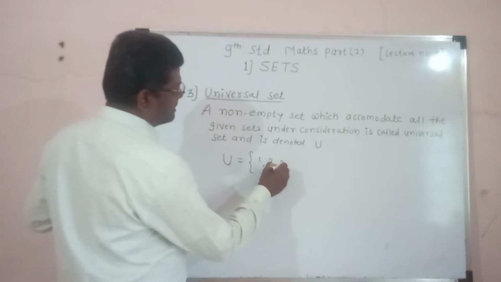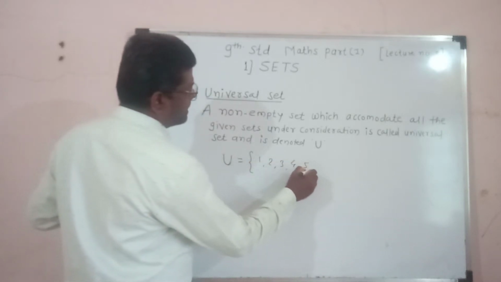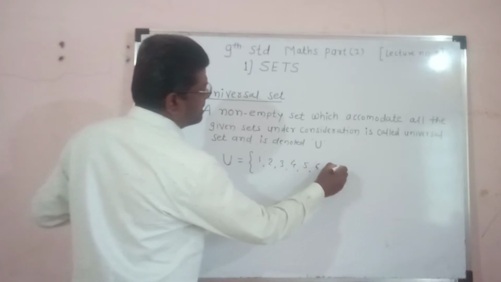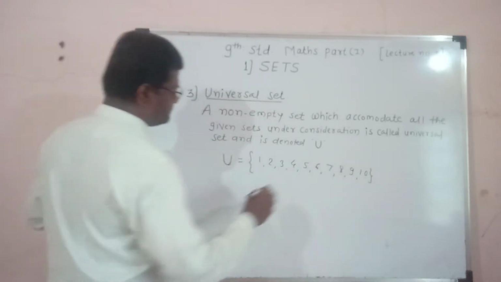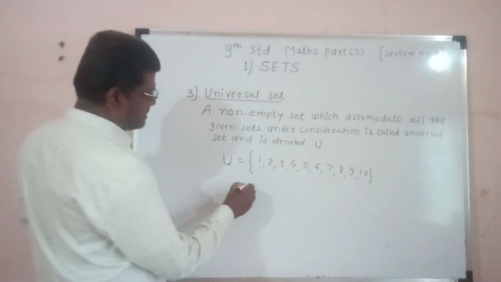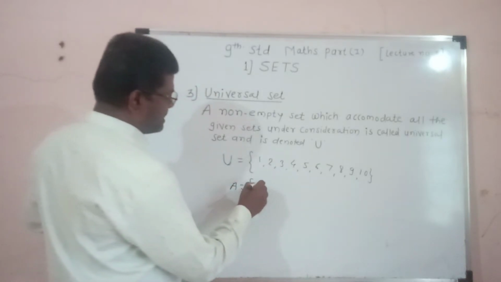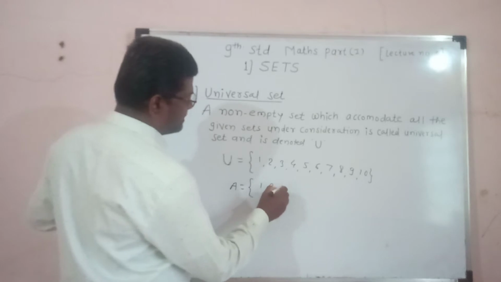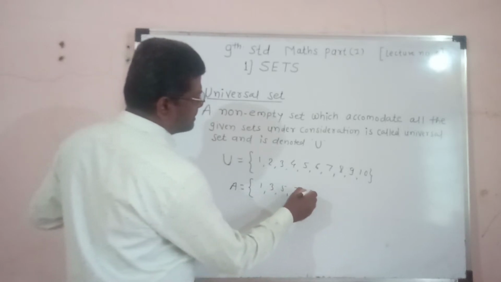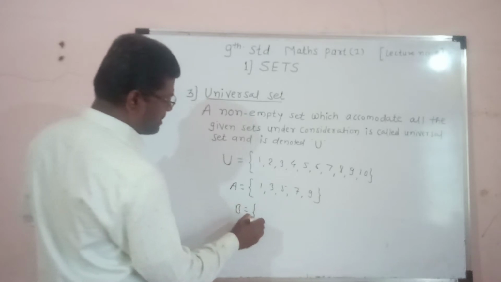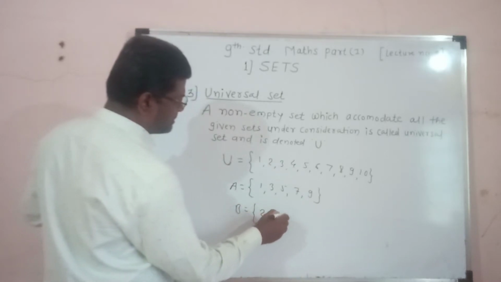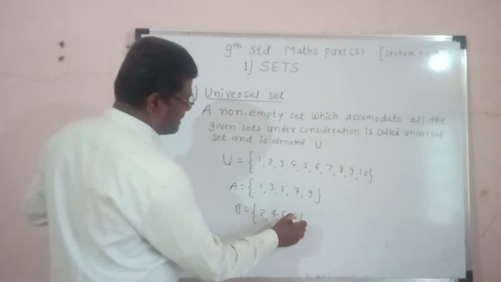Suppose U is the set of elements 1, 2, 3, 4, 5, 6, 7, 8, 9, 10, and A is a set of elements 1, 3, 5, 7, 9. B is a set of elements 2, 4, 6, 8.